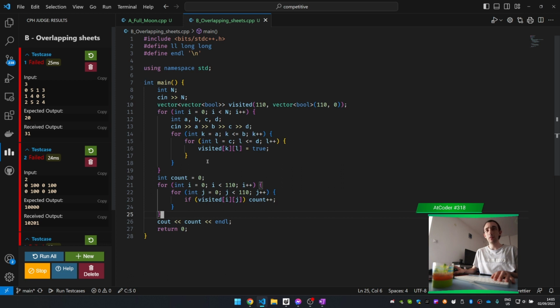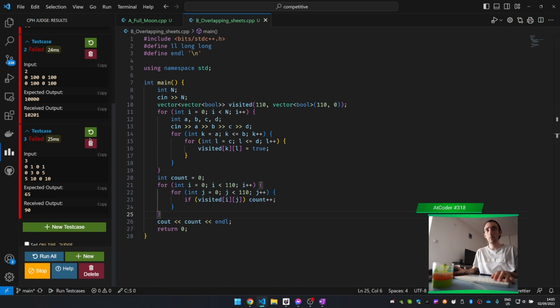Why is this the case? If visited is one, of course.